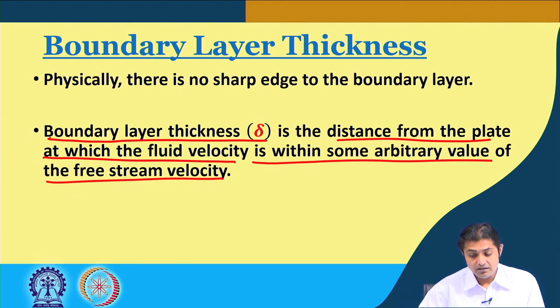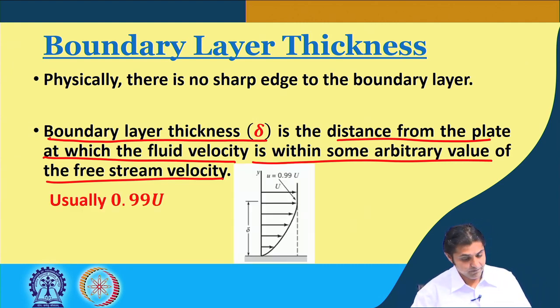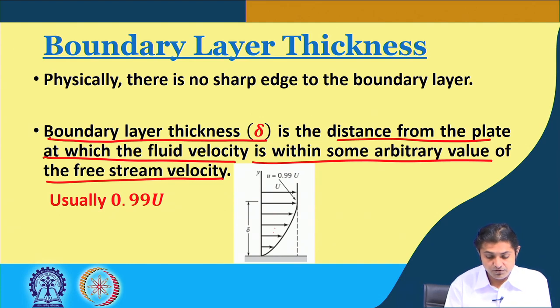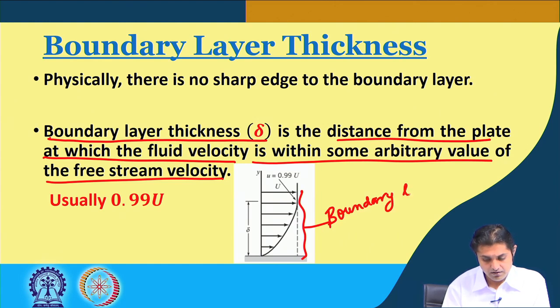Ideally, at the top of this boundary layer, the velocity should be equal to the free stream velocity. So, this is the boundary layer. Because of this, the velocity at the plate is going to be 0, and at one point we have to consider where the boundary layer ends.